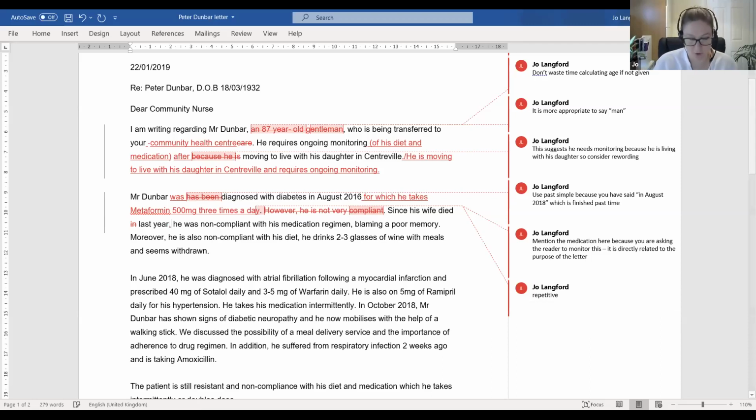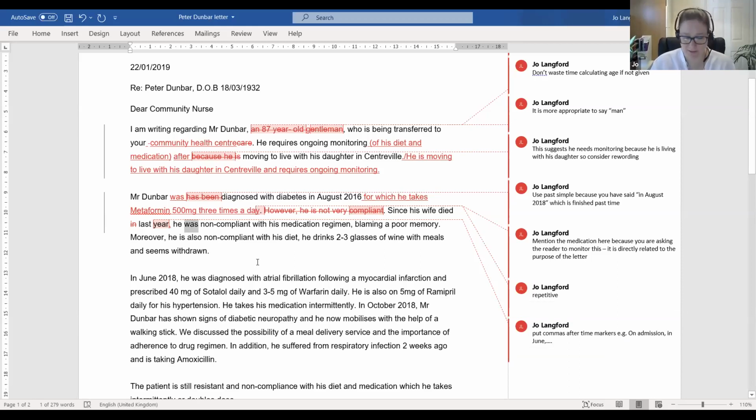So you need commas. Put commas after time markers. For example, on admission, comma, in June, comma, etc.